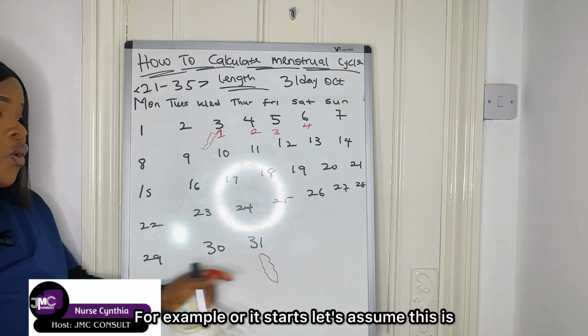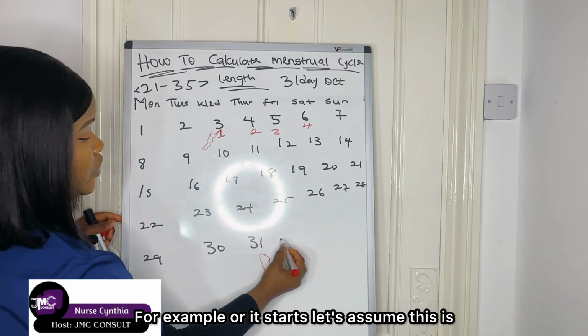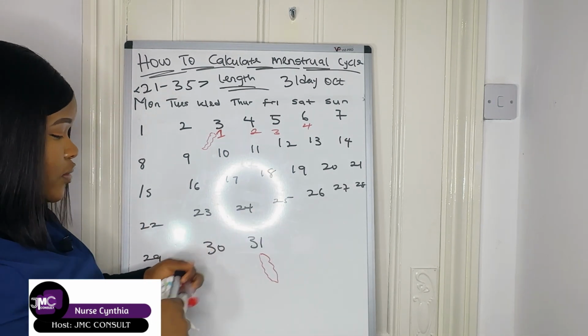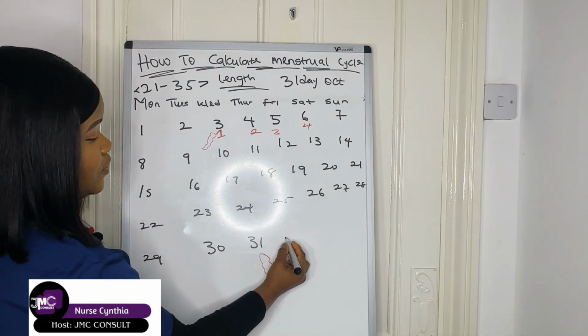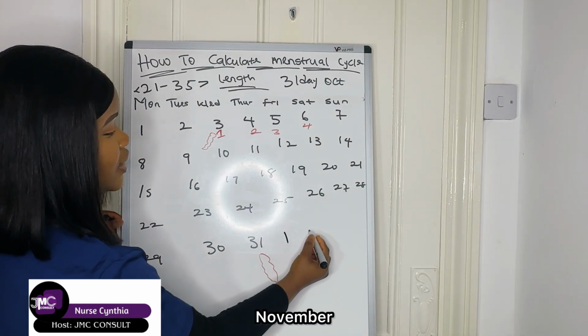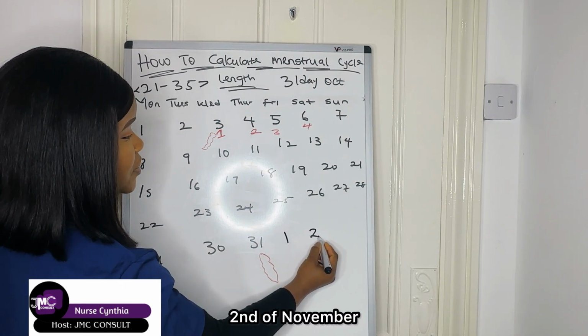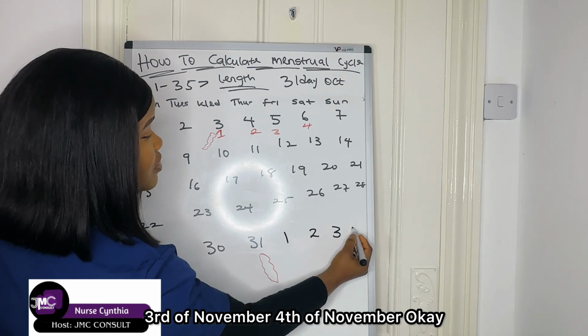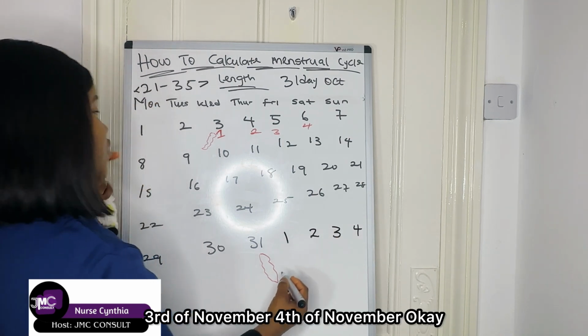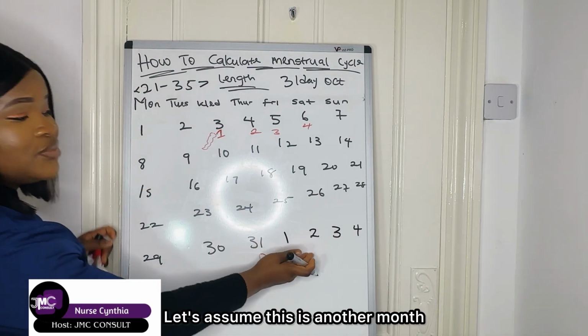For example, or let's assume this is the 1st of November, 2nd of November, 3rd of November, 4th of November. Okay, let's assume this is another month.